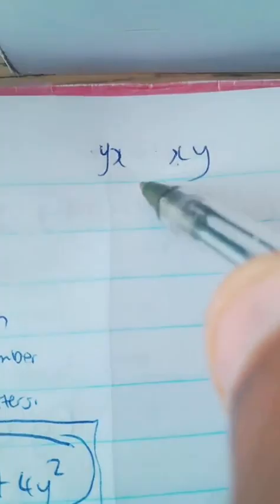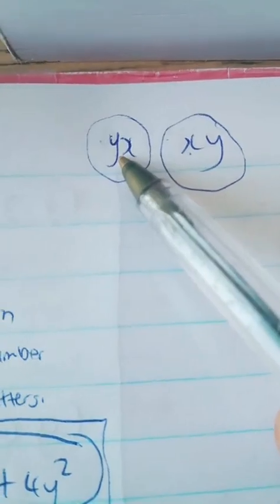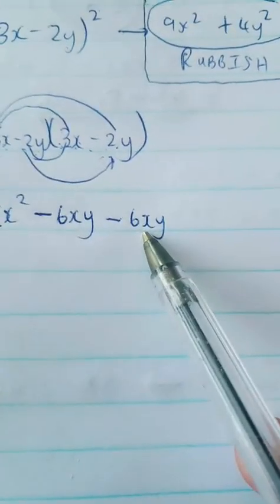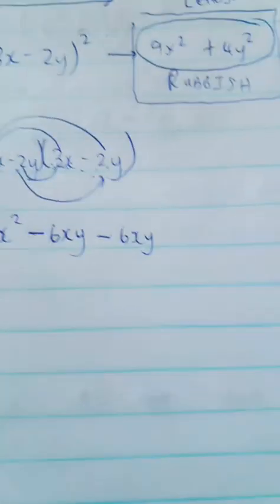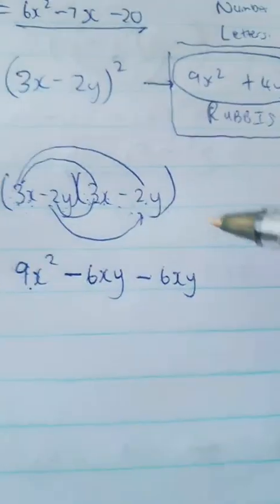Whether you wrote xy or yx doesn't matter, people, because multiplication is commutative. In other words, the order of the letters for multiplication is the same. If I wrote minus 6xy and here you wrote minus 6yx, it's the same thing, guys. It's still the same thing.